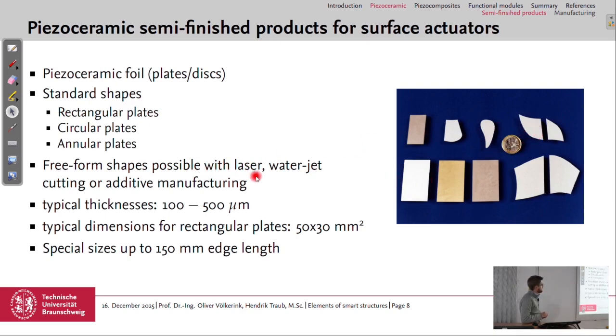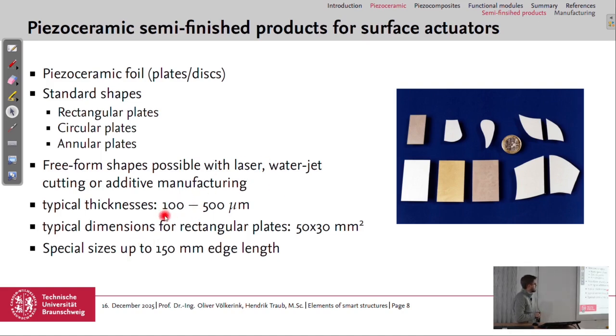We can cut them by laser or water jet cutting, or also use additive manufacturing processes. At the moment a former PhD student at our institute has founded a company that additively manufactures piezoceramic materials, so you can 3D shape these transducers.